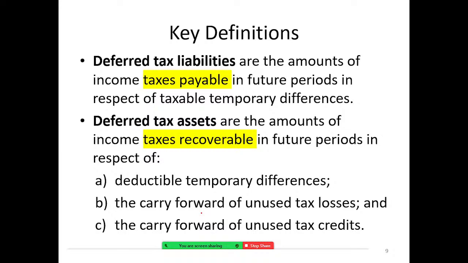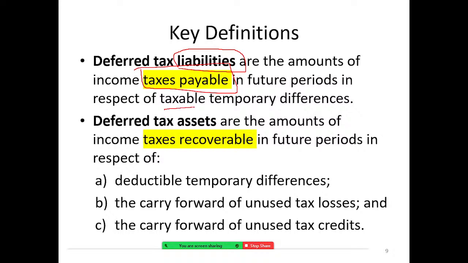Deferred tax liabilities are the amount of income tax payable. Here we are talking about deferred tax liabilities. Deferred tax liabilities are the amount of income taxes payable in future periods in respect of taxable temporary differences.